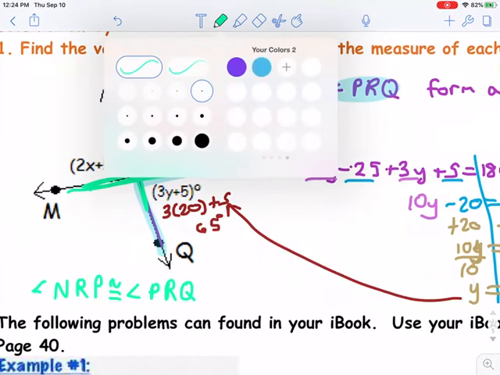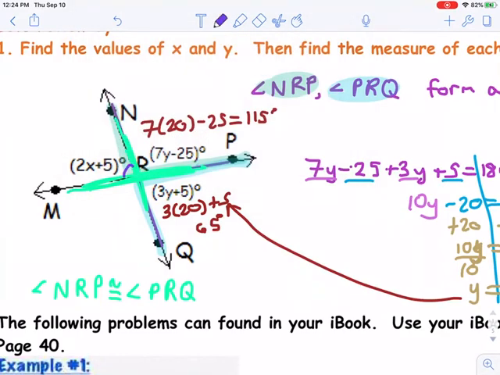Vertical angles: not only did I identify them, I can say they're congruent. There's a bunch of ways I can do this problem; this is just the way I'm doing it. We already know this is 65 degrees. Since that's 65 degrees, they're both 65 degrees, they're congruent. So the equation I can set up to solve for x is 2x plus 5 equals 65.